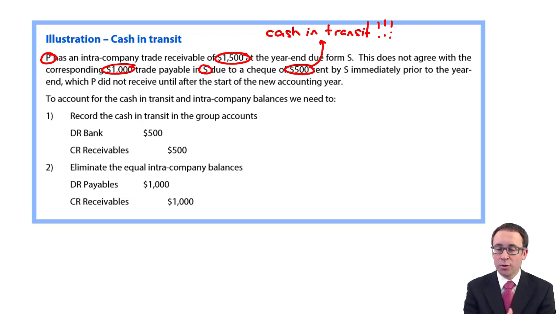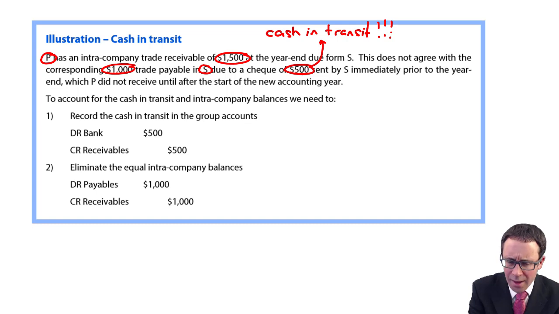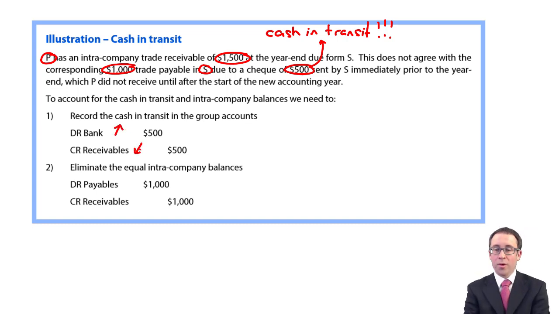However, what we need to be able to do is we need to record that cash in transit first, because it still belongs to the group. It's just in between the two companies within the group. S has sent it, P's not received it. It's floating around in cyberspace. So let's record the cash in transit. So we debit the bank and credit receivables with the $500 cash in transit.